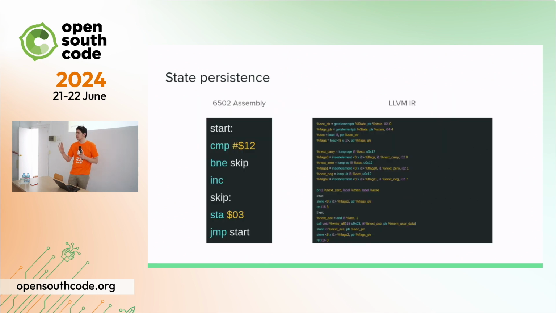I won't go into the details of rewriting the whole example program into LLVM IR. I'll just go over it a little bit. As you can see, it starts by getting the addresses of the accumulator and the flag and loads them, and then it does operations on them.